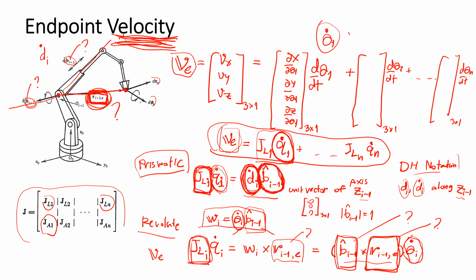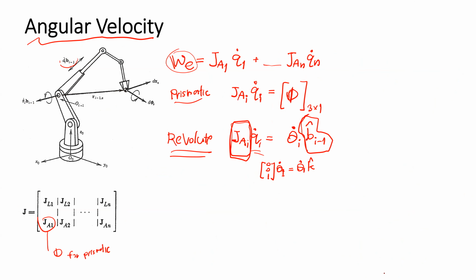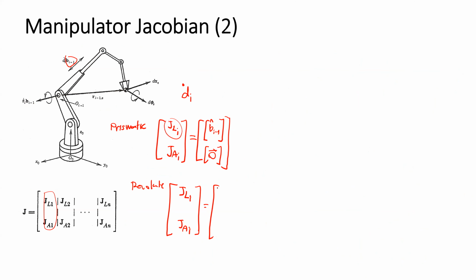So this component is the Jacobian for position of the revolute joint.